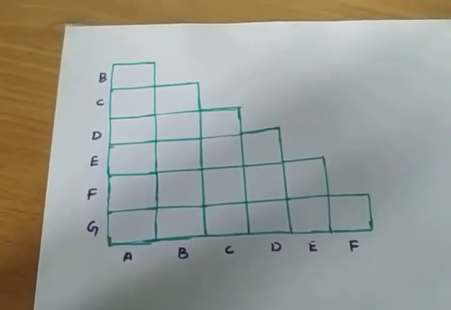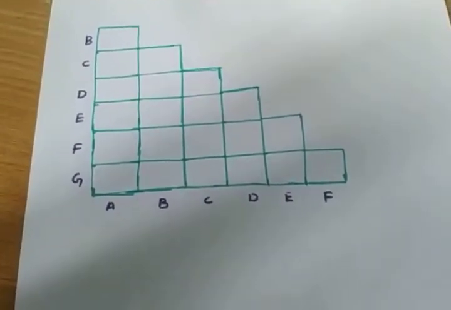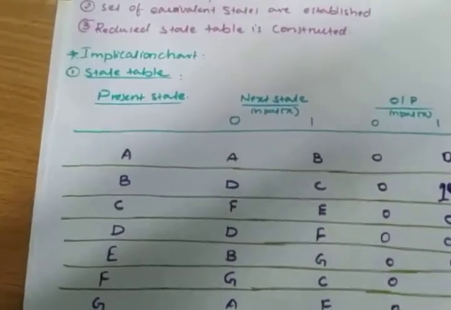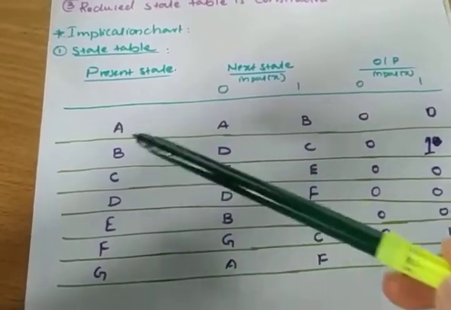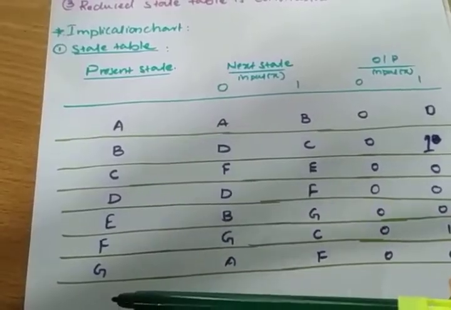This is the implication chart. To draw it, first write the different present states in a row and a column.